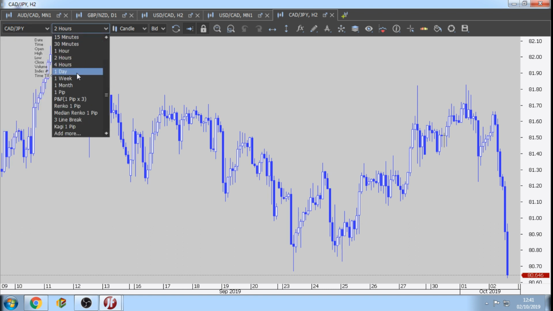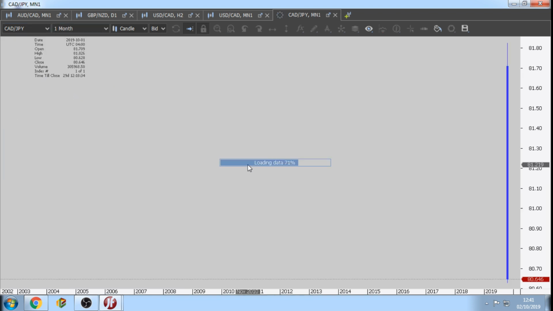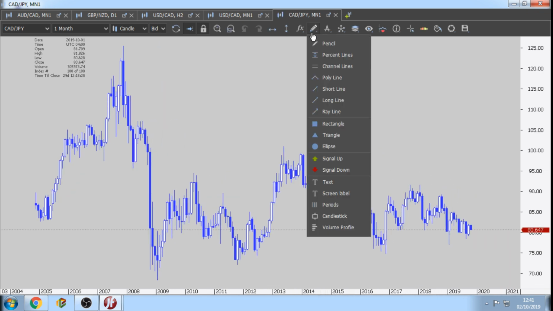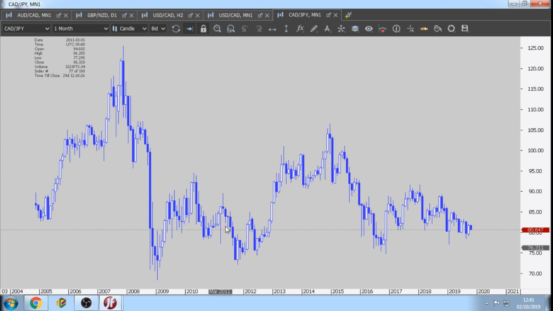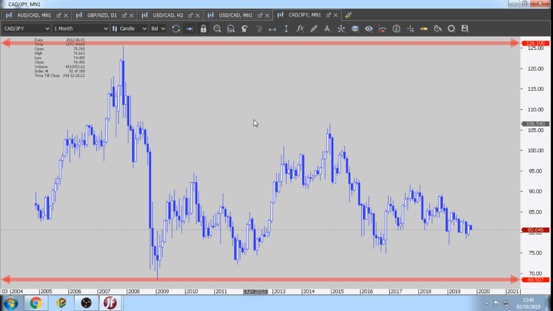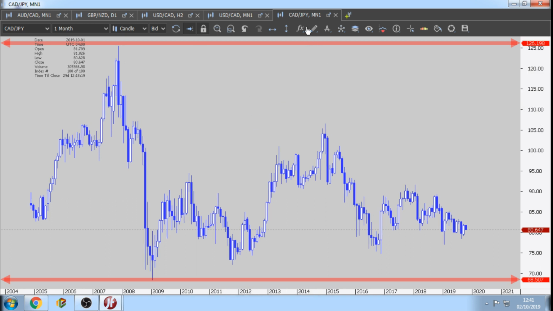On the monthly chart first. Okay, those are the bands. The lower band is here, the upper band is here. This is another one, not the easiest pair to trade.